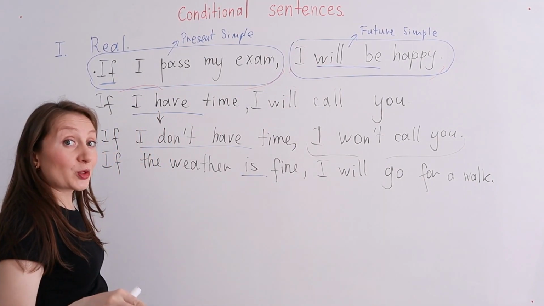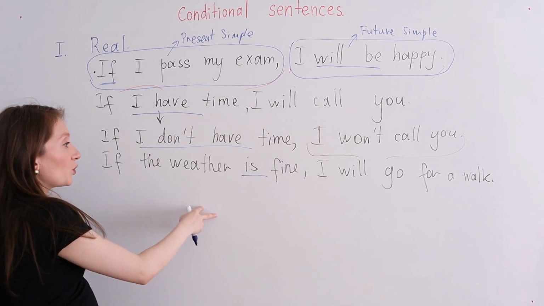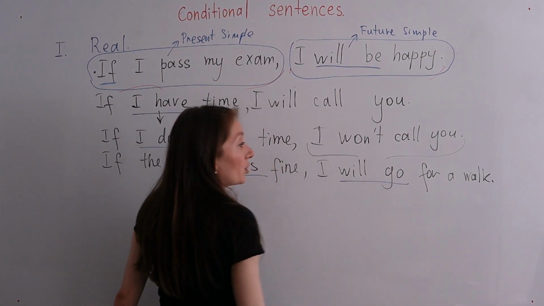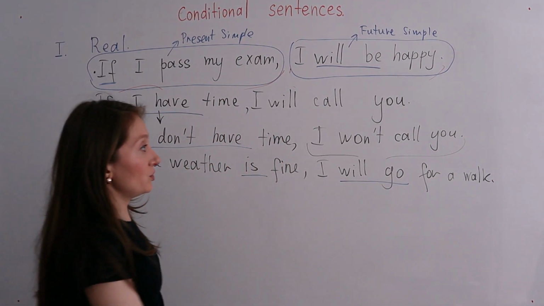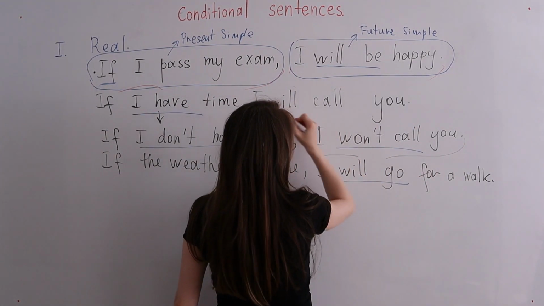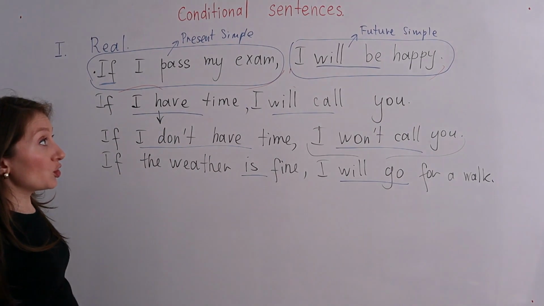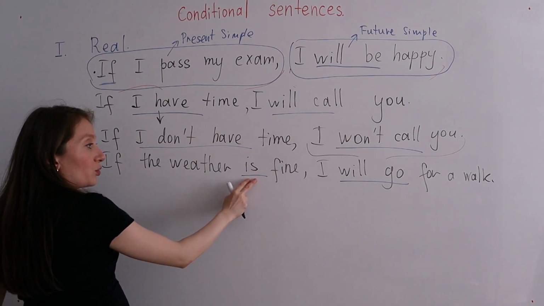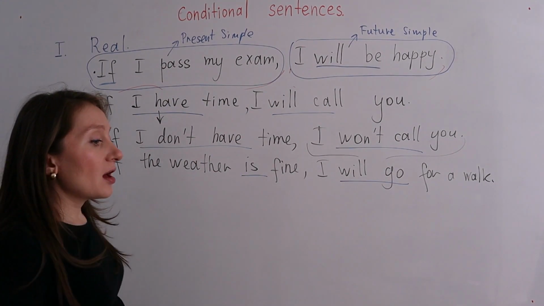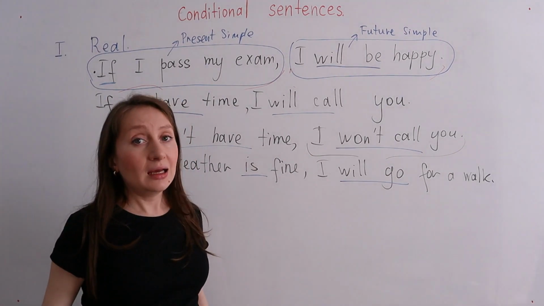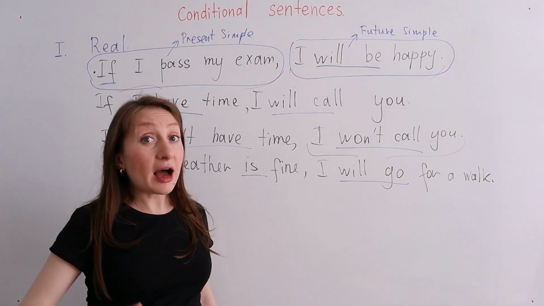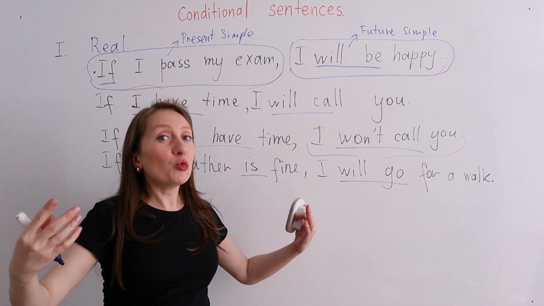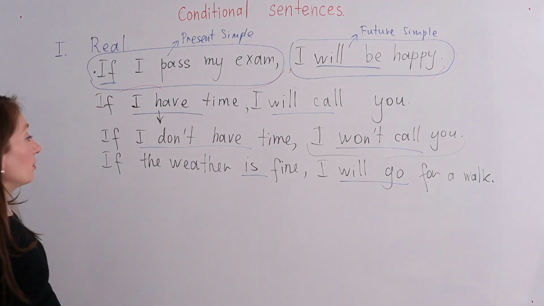Am, is, are, it's present simple with the verb to be. If the weather is fine, present simple, I will go for a walk, future simple. Won't call, will go, will call, will be, and so on. So the verb to be can be used here or here. If I am not busy, I will call you. If I am busy, I won't call you. It depends on the meaning, what you want to say to your friend.